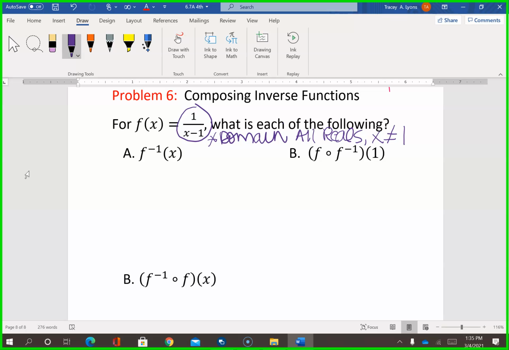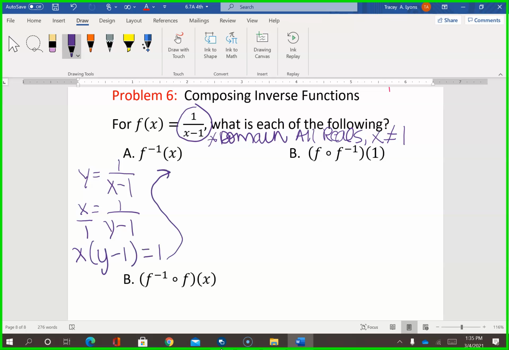So if we find the inverse of this one, the first thing we do is replace f of x with y. And then we switch those variables around. So x equals 1 over y minus 1. Then if I put a 1 under the x, it kind of looks like I could cross multiply this one. So it's x times parenthesis y minus 1 equals 1. And then you could distribute the x, but I'm not going to.